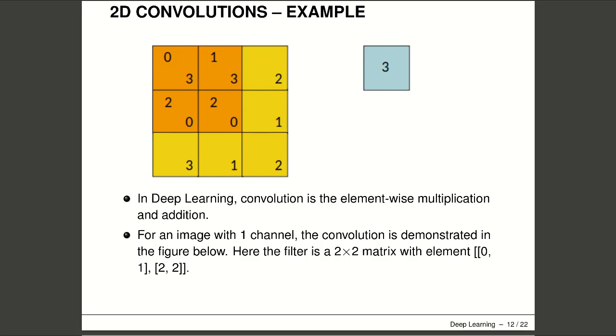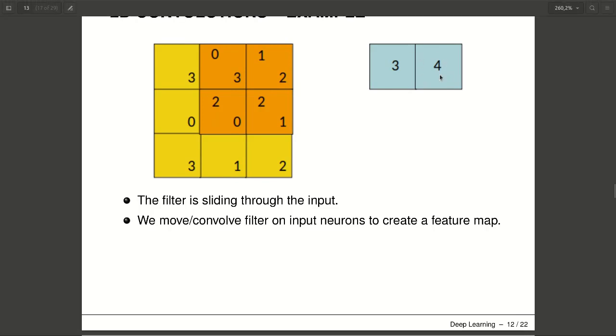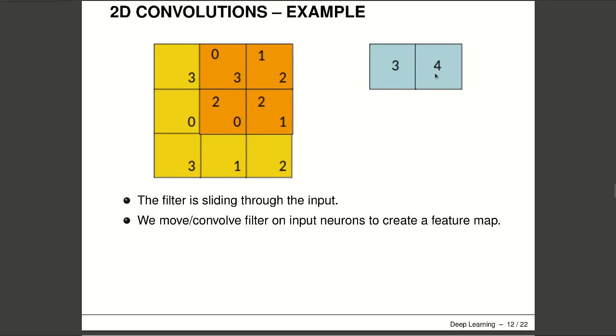By moving this filter to the first spatial location of the feature map, which is 3, after element-wise multiplication we sum up everything, and the output is the first element of the feature map. By continuing and moving the kernel to the second spatial location, we can create the output for the next element of our feature map. Here it is, for example, 4.